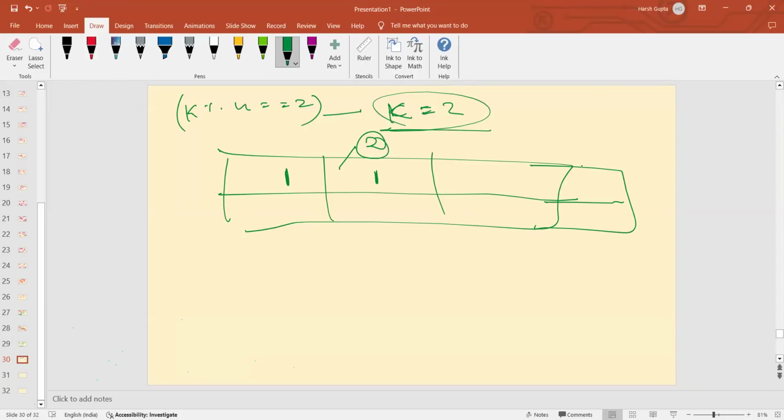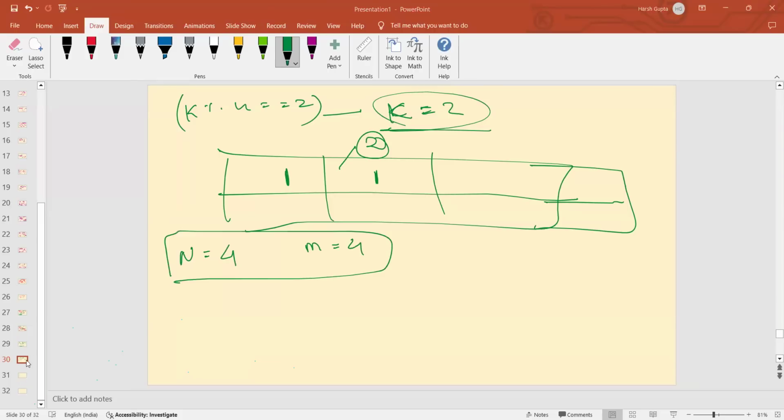Similarly, let's suppose the value of n is 4, and my value of m is also 4.